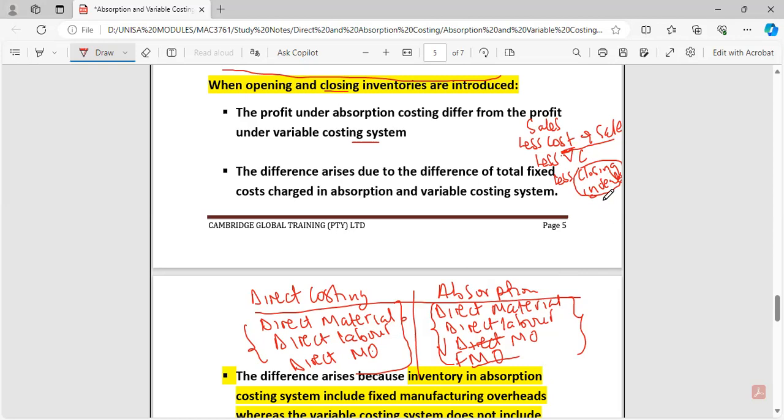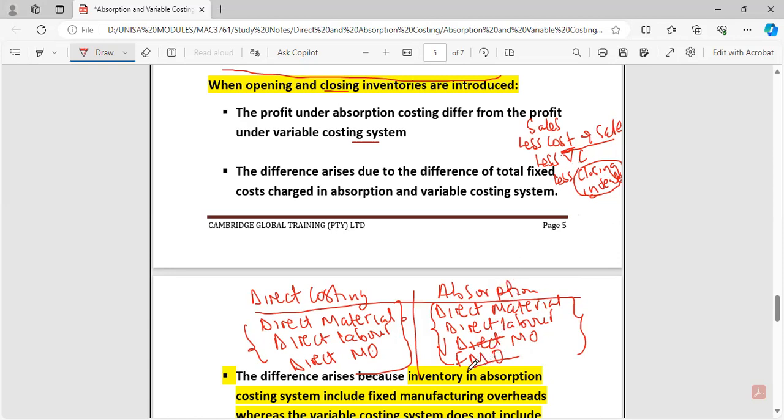When you do absorption costing for closing inventory, you take in all these, which means the value of the closing inventory is going to be more. If you take out more from the cost of sale, you are left with a smaller cost of sale, which means the profit is going to be higher. So that's the difference.